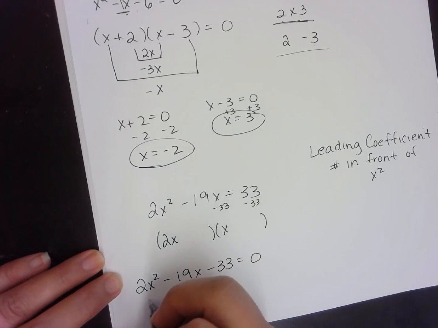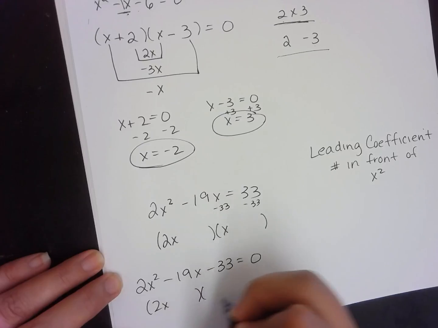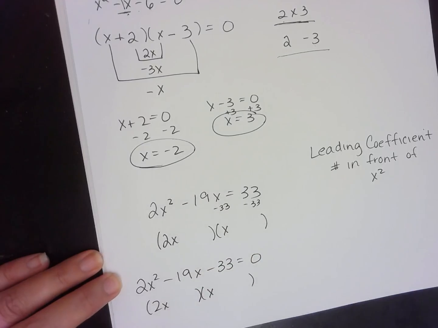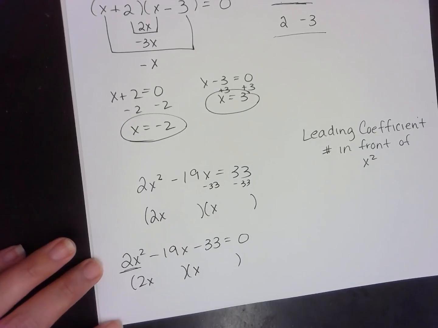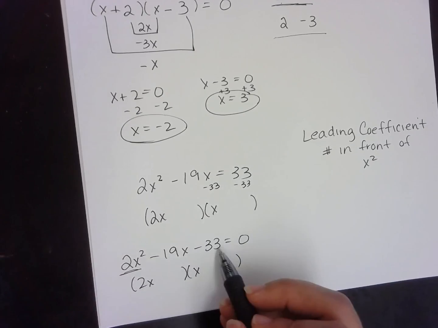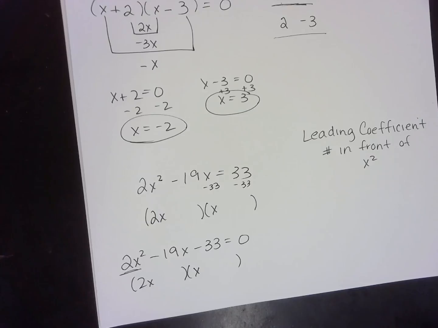All right, so I know with some certainty here that I have a 2x and an x because I know that this first term comes from that, I need to make that. Now this last term has to make 33, okay? So I need these numbers to multiply together to give me 33, and it's negative. So my signs have to be opposite.